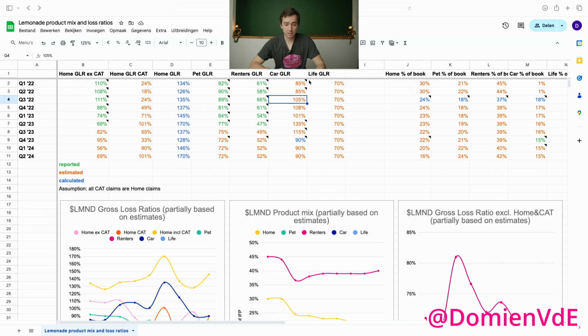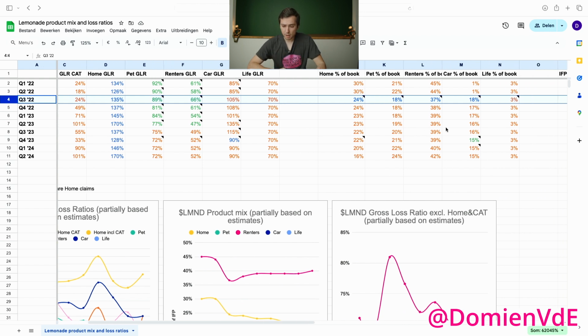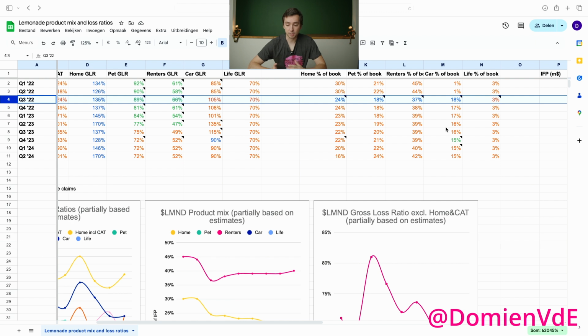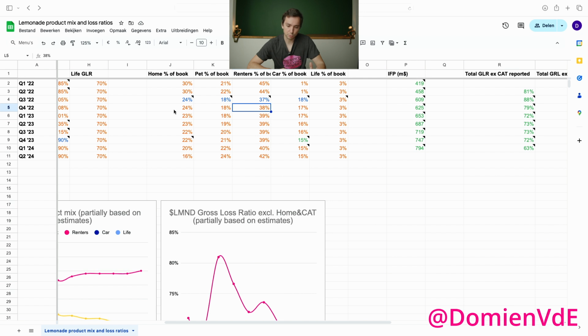Based on that starting point, we can extrapolate to the quarters previous to this quarter and the quarters that came afterwards. Basically, we have some breadcrumbs that are given in shareholder letters, sometimes in the earnings calls. And then there's something I assumed, which is that their product mix cannot change rapidly, right?